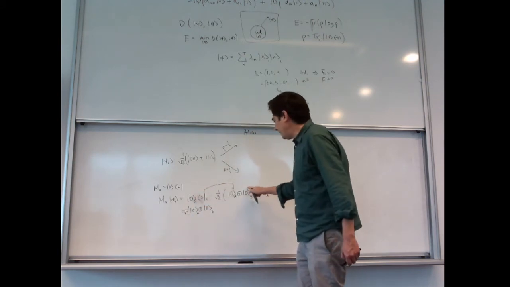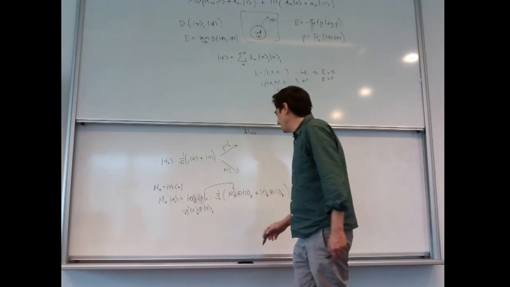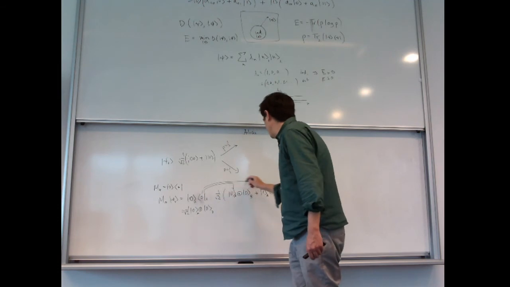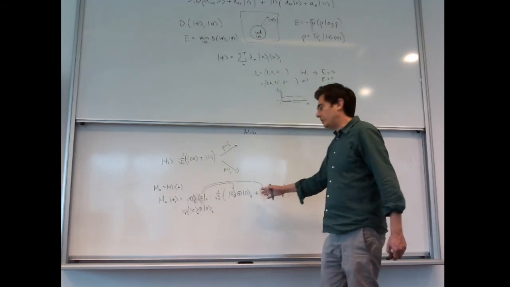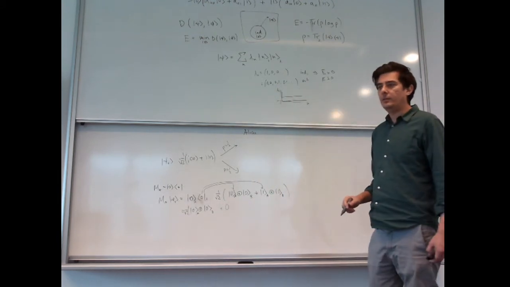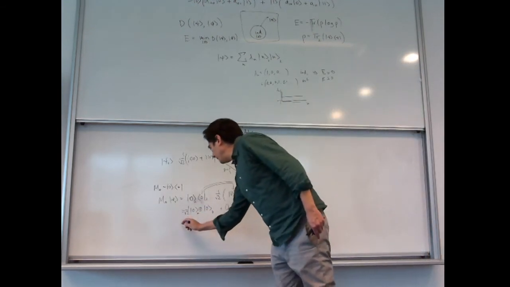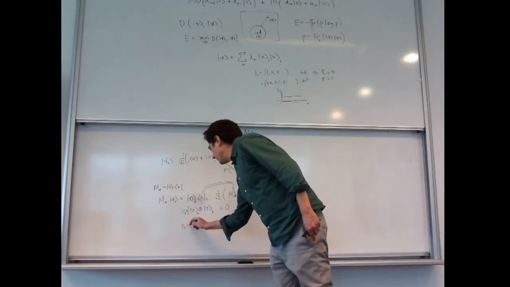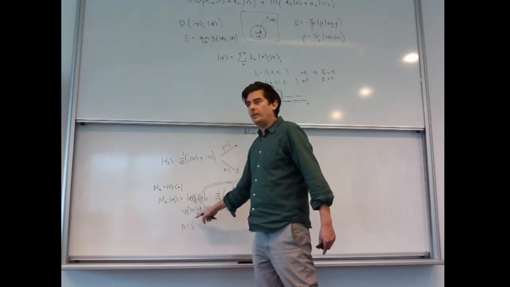And this one, nothing really happened to it, so it just carries through. This one also acts here, but 0 overlap with 1 is just 0, so this one vanishes. So there's a plus 0 there. And the probability of this happening is a half, and you can see that because you can just square this coefficient.